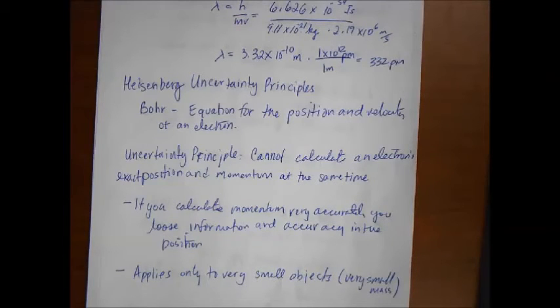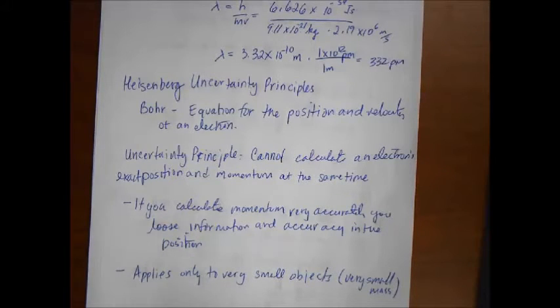If the uncertainty principle applied to a baseball, we would not be able to hit it because we wouldn't know where it was and how fast it was moving. We need to know both of those pieces of information to hit a baseball. So the only time this applies is to very small objects moving at very high velocities.